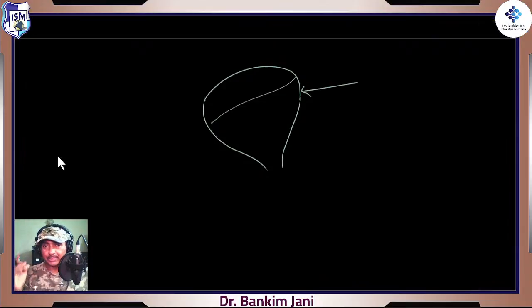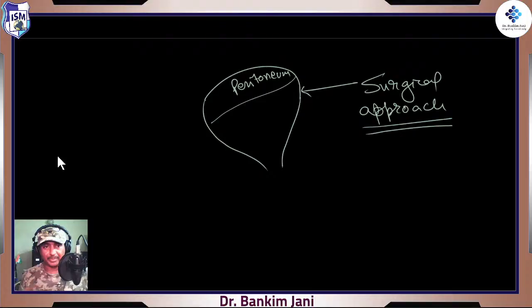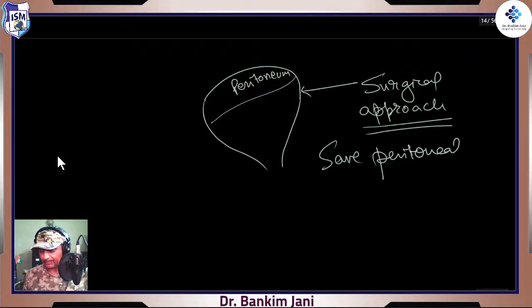Whenever you do a surgical approach, when the bladder is distended, the peritoneum is over here, correct, and that would be the correct surgical approach towards the bladder, so that you don't puncture the peritoneal cavity. So it is like saving the peritoneal cavity.